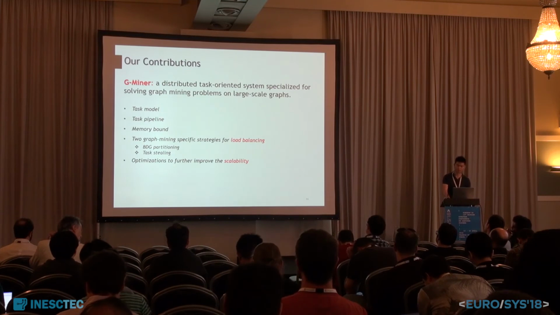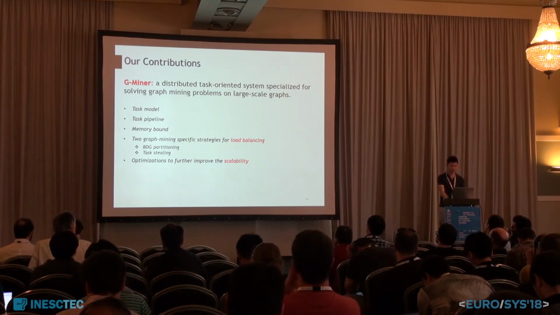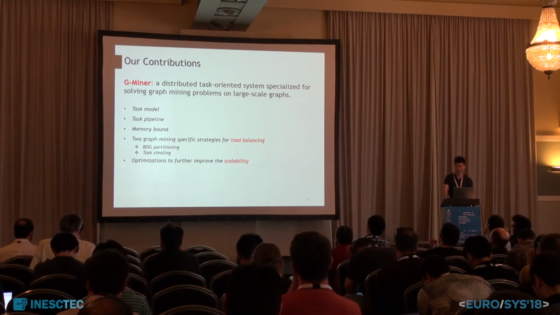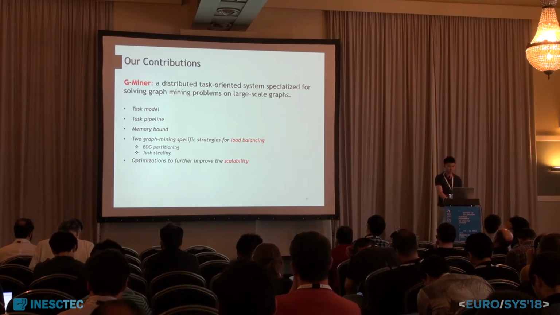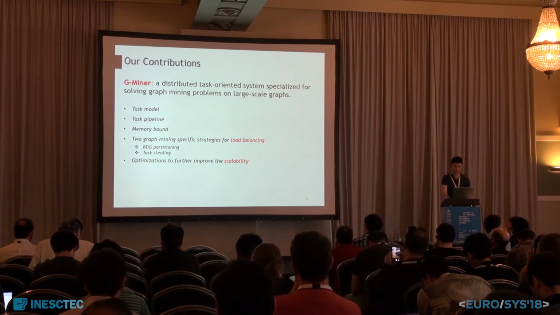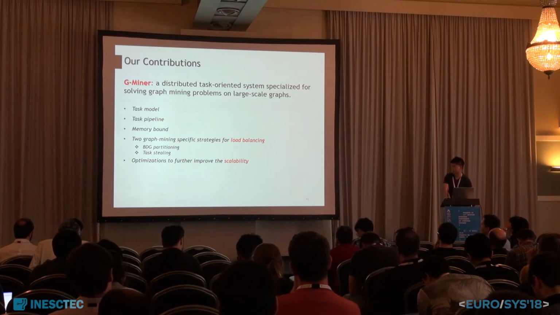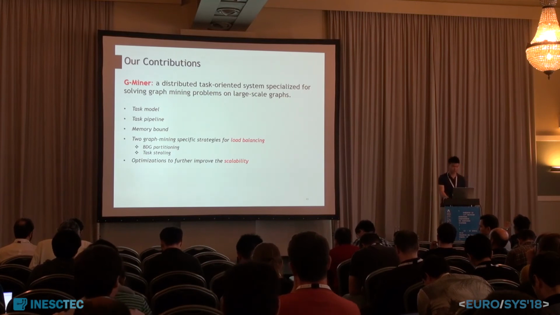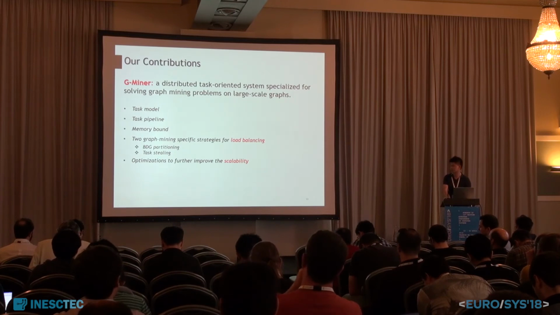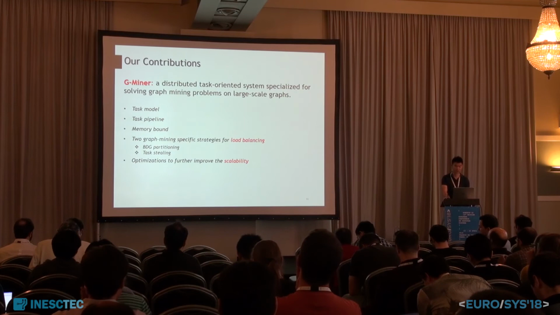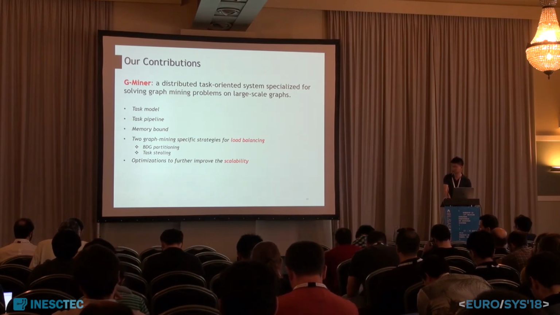So what we propose is a task-based system for distributed graph mining algorithms. We first propose a task model, and based on the task model, we propose a task pipeline to further improve resource utilization. And we have a memory bound. In order to guarantee load balance, we also propose a DFS-based partitioning strategy, and task stealing is used to guarantee load balancing dynamically.